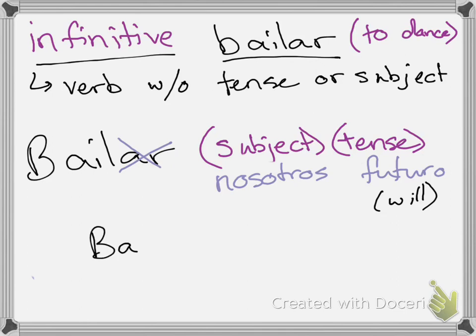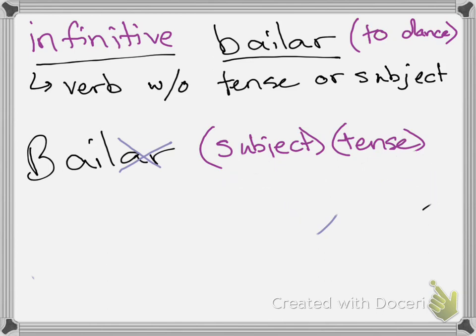So I'm going to take my verb, bailar, and I'm going to give it its new ending, bailaremos. This is we will dance. So all I'm doing is I'm taking this infinitive and I am changing it to show who and when. That is conjugating. Okay? And like I said, I will have future videos that talk about how to conjugate in the different tenses and with the different subjects.